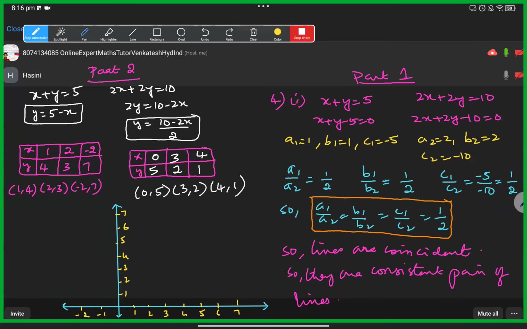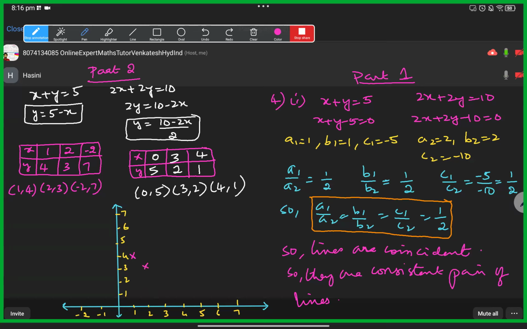So now Hasni, I'm plotting both the lines. First line points: 1, 4; 2, 3; minus 2, 7. 1 comma 4, x 1, y 4, here it will come. 2 comma 3, x 2, y 3, means here it will come.